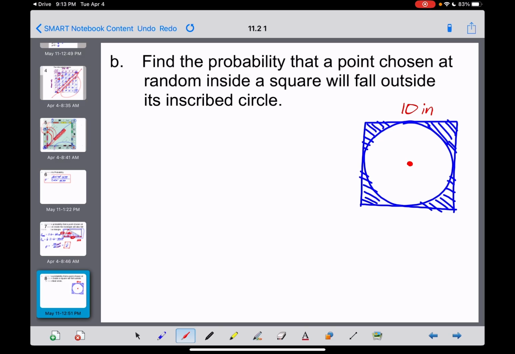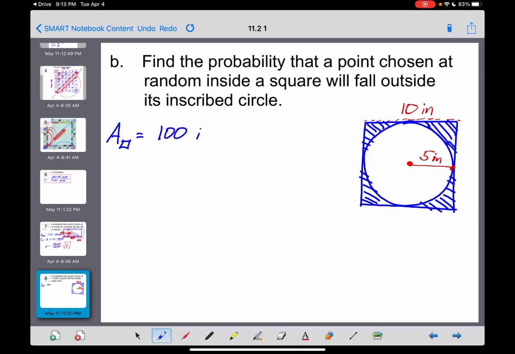Now, what we're about to do next is not a choice. If one side of that square is 10 inches, how long is this piece right here? Well, that's a radius of the circle, but it's also half of this piece cutting across the square. This piece over here would be 5 inches long. So let's write a few things down now, guys. The area of the square, base times height, would be 10 times 10.